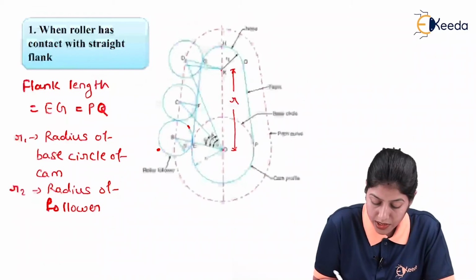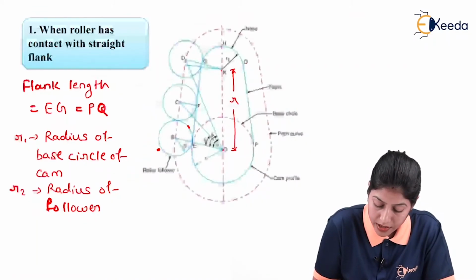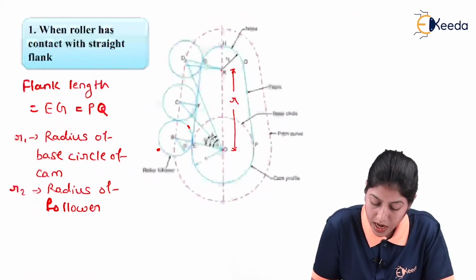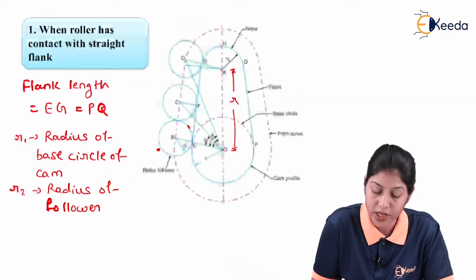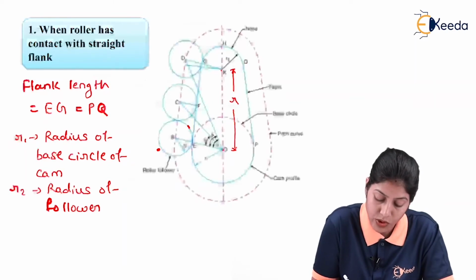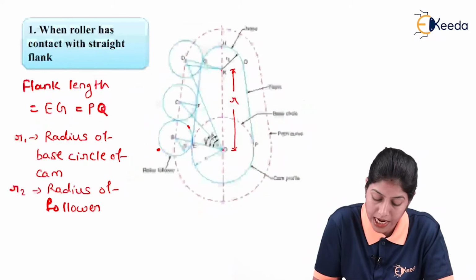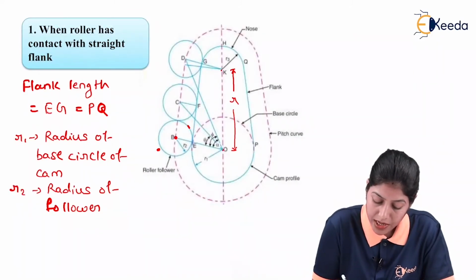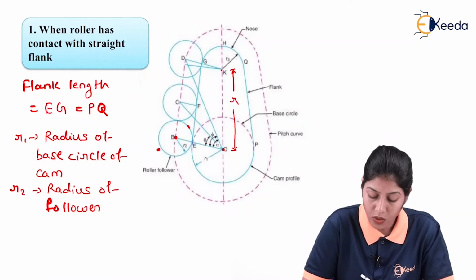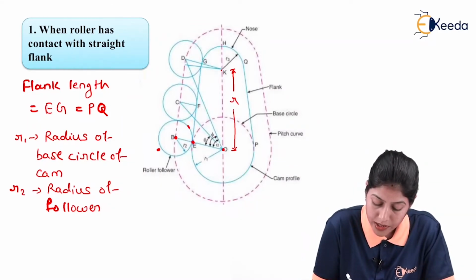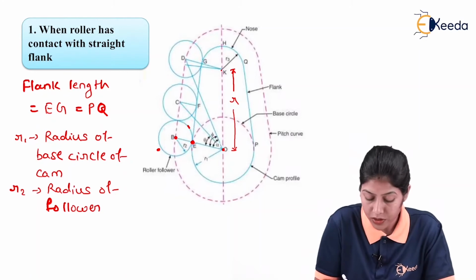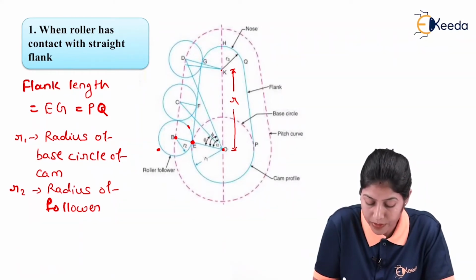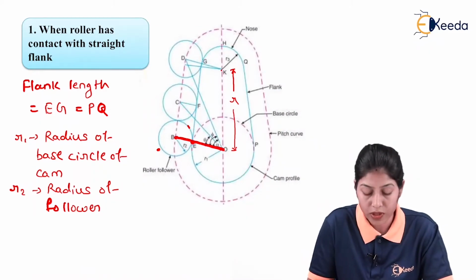So as you can see, when this cam is in starting position, or it is not rotating and the follower is also not in reciprocating motion, in that case the center of the follower will be B and the center of the cam will be O, and the contact point is defined by point E. So this BEO will be a straight line, and this will be the initial position of the cam and the follower.